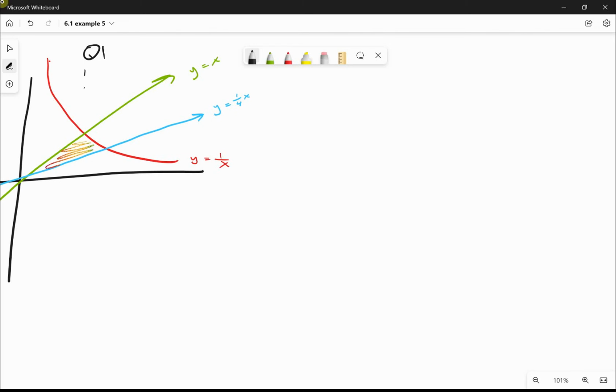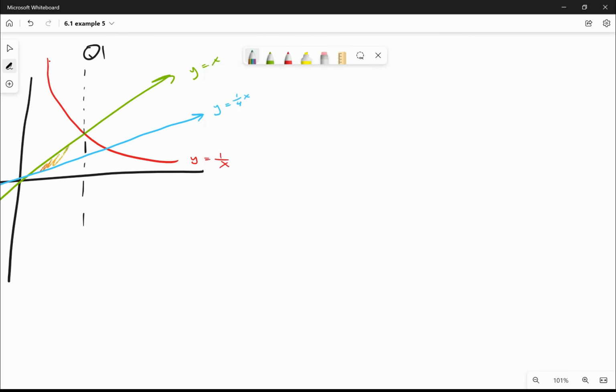It's right here. On the left side of this vertical line I have drawn, the top curve is the green one and the bottom curve is the blue one. On the right side, the top curve is the red one and the bottom curve is the blue one. So really it's just the top curve that changes between these two regions.